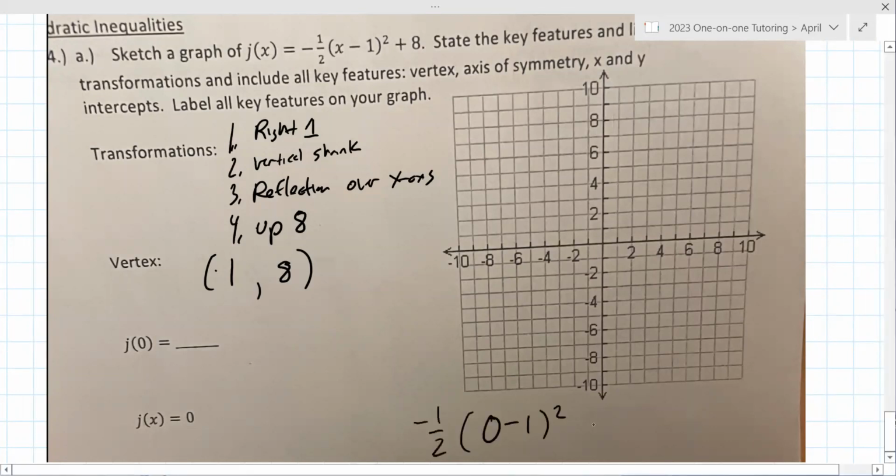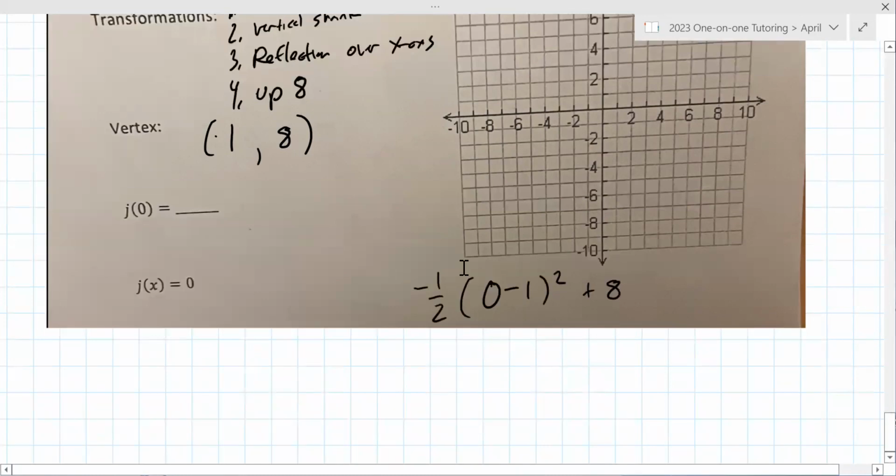Would it be negative 1/2 times 1 plus 8? Yes. And unfortunately, that isn't a nice number. You can go to the calculator if you need to. 8 is really 8 over 1 or 16 over 2, or 7.5, if you will.